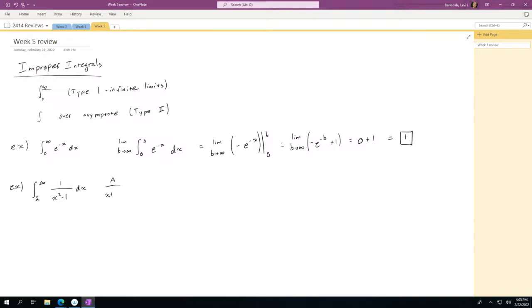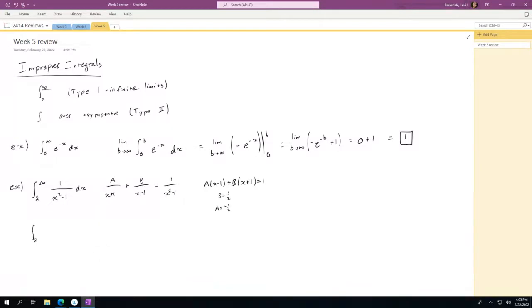So here we have a over x plus 1 plus b over x minus 1 equals 1 over x squared minus 1. So a times x minus 1 plus b times x plus 1 gets us 1. Now if we plug in x equals positive 1, we have 2b is equal to 1, so b is equal to 1/2. And if we plug in x equals minus 1, we have negative 2a is equal to 1, so a is equal to minus 1/2.